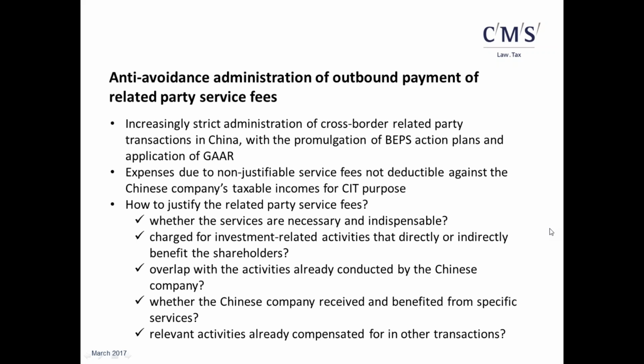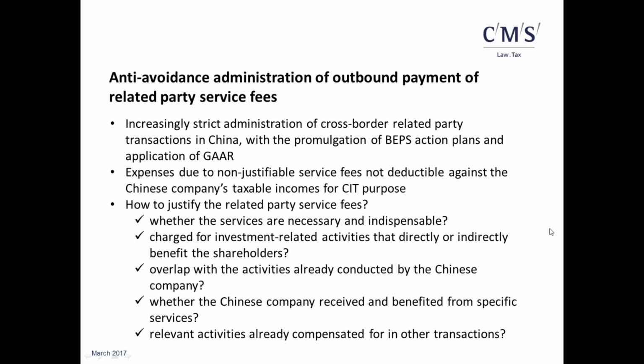In such a circumstance, even if the Hong Kong or Singapore holding company provides services to these PRC subsidiaries, there may still be some challenges from the PRC tax authorities on the reasonableness of the service charge.